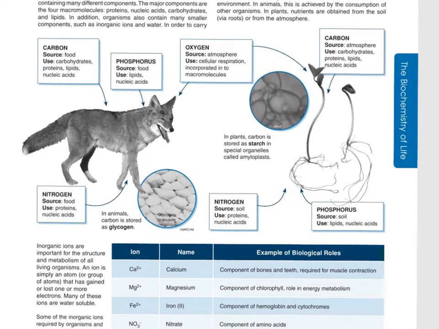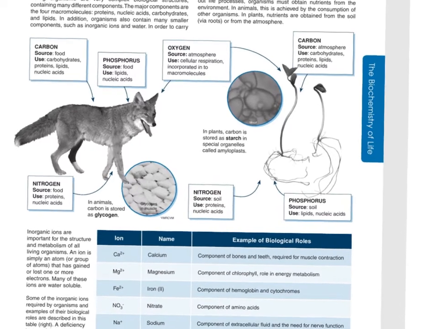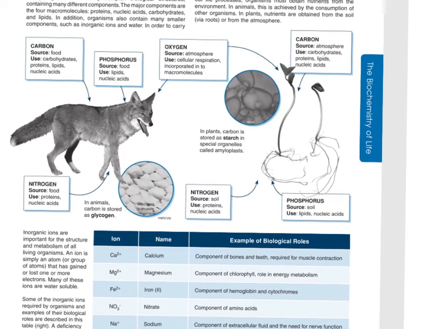Atmosphere, correct. A plant gets carbon from the atmosphere, and it makes carbohydrates, proteins, lipids, nucleic acids. We eat them, and then we rearrange the atoms to make what we need. But plants actually make these. Plants are the source of all these molecules.